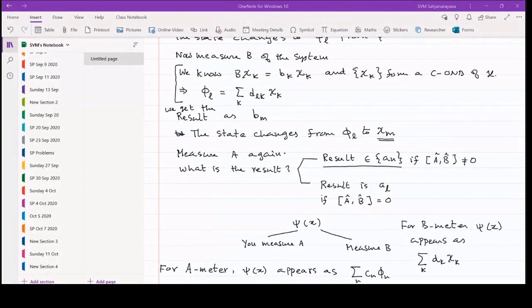Depending on what you are trying to measure, you will resolve it into the components of those respective operators. Otherwise, independent of the choice of your basis, this psi of x has its own identity.